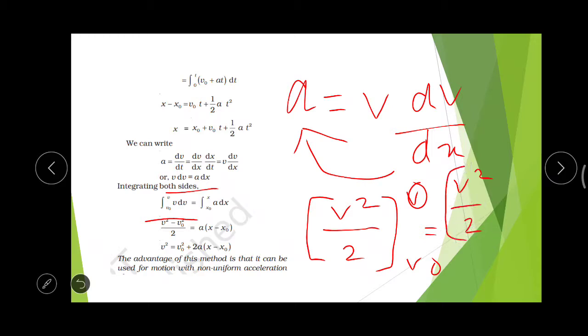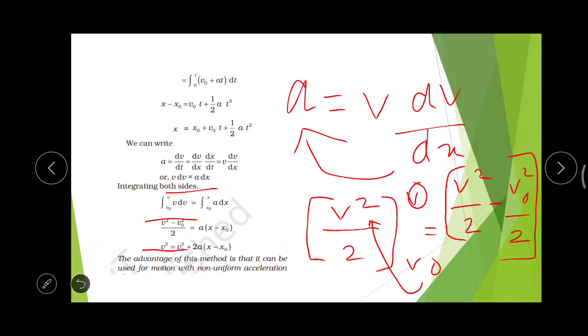Now you have to apply the v0 value, minus v0 square divided by 2. This is the way you have to apply the limits after the integration. Okay, I think now you understood this one. So this will be v square by 2 minus v0 square by 2.